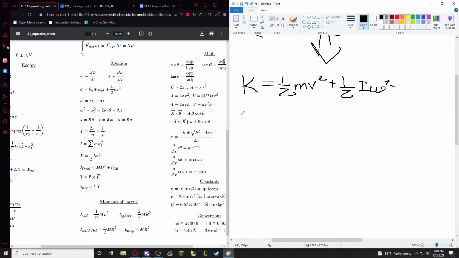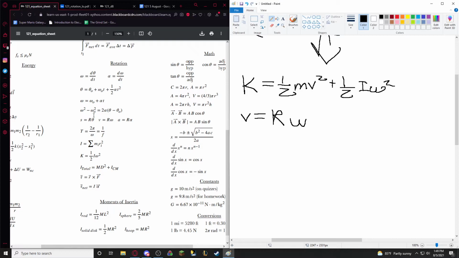Exactly. So essentially, we can relate all our different quantities by simply multiplying the angular version times the radius to get the actual velocity. For example, the velocity is equal to the radius times the angular velocity. And it's the same thing for acceleration. The acceleration of the disk rolling down the slope is going to be the radius times the angular acceleration.